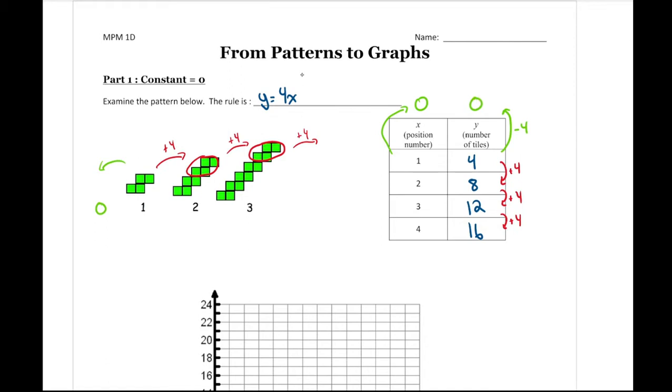So that means my rule would technically have a plus 0 as my constant, but because plus 0 doesn't do anything, I don't need to actually show that. So this is the rule that I've come up with for this table.